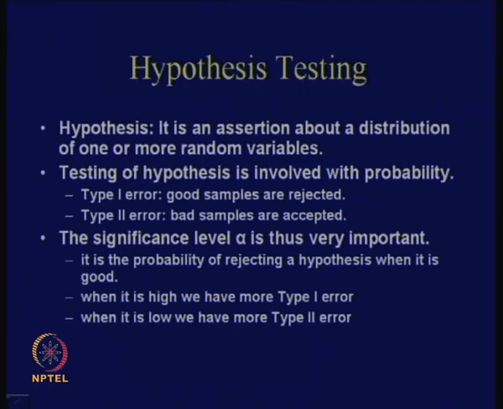So there are errors, and the value alpha is quite important, because it determines whether I am giving priority to my type 1 error or type 2 error.